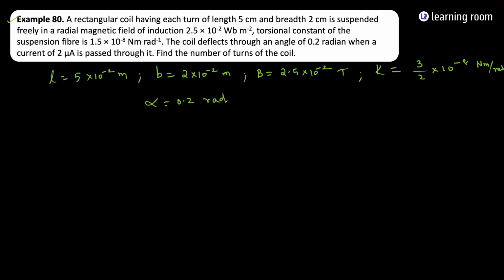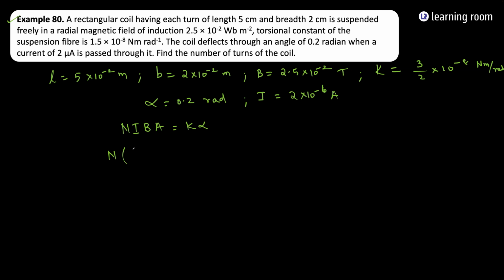So I think most of the data is taken out. The coil deflects through an angle of 0.2 radian when a current of 2 microampere, so 2 into 10 power minus 6 ampere, is passed through it. Find the number of turns in the coil. So NIBA is equal to K alpha.